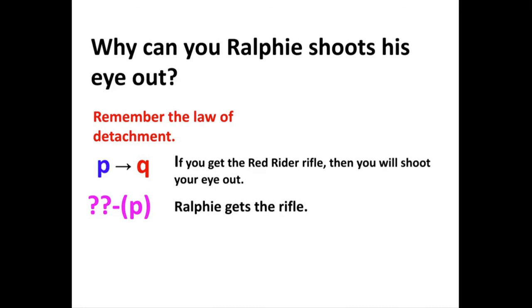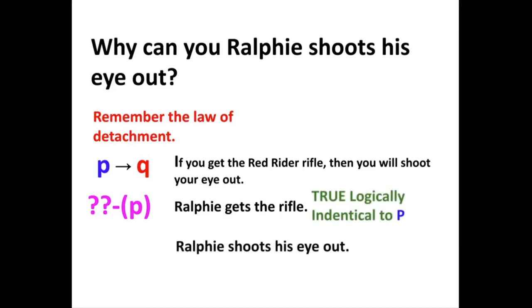In this case, yes, it's logically identical. And so since Ralphie getting the rifle is logically identical, I can then conclude the other part, which is Ralphie shooting his eye out. So these are just a couple of examples of how the law of detachment works.